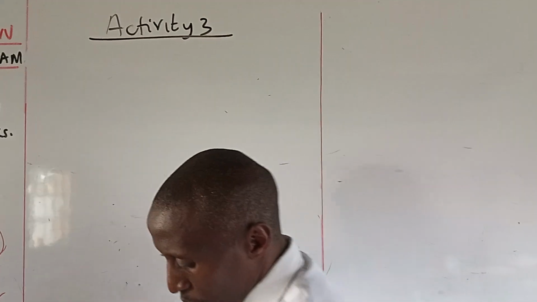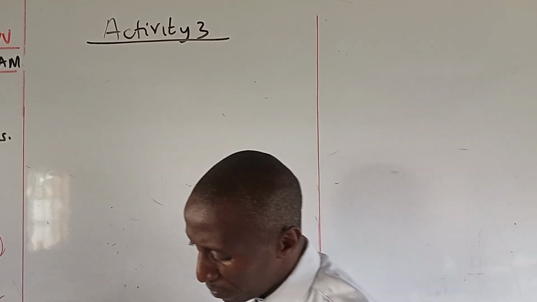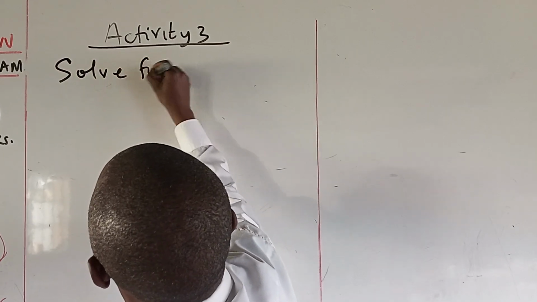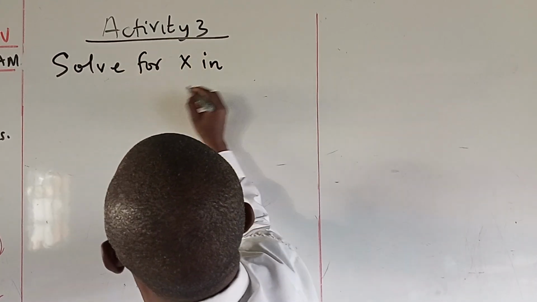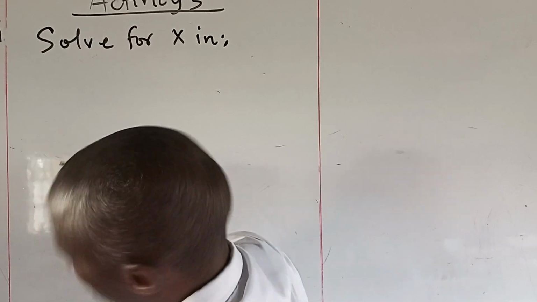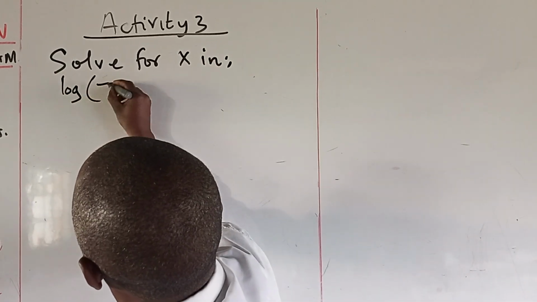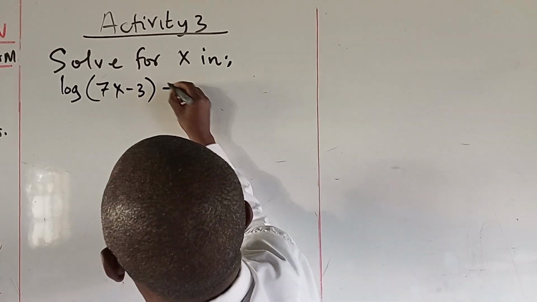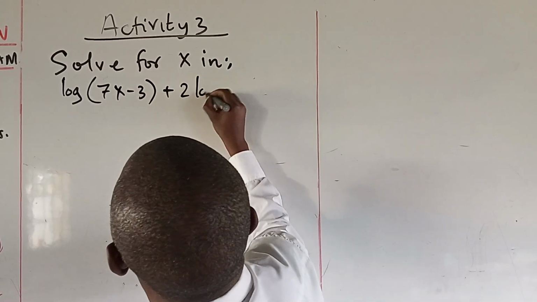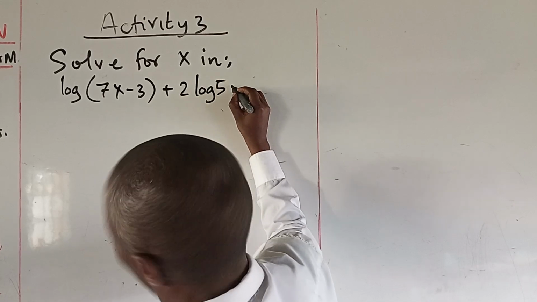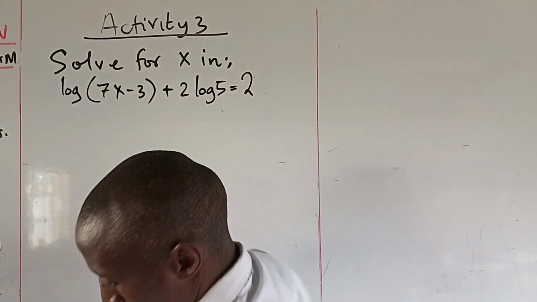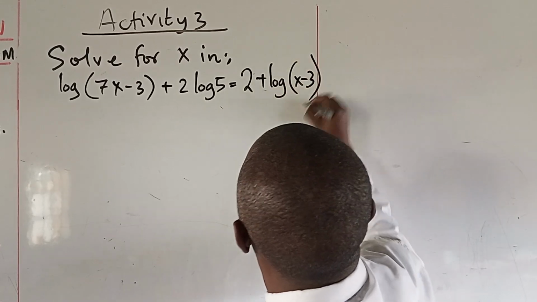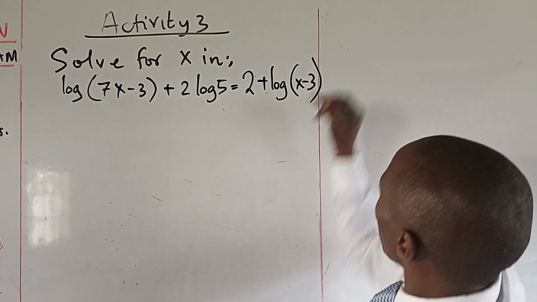In activity 3, we are required to solve a logarithmic equation which says solve for x in logarithm of 7x minus 3 plus 2 log of 5 being equal to 2 plus log x plus 3.